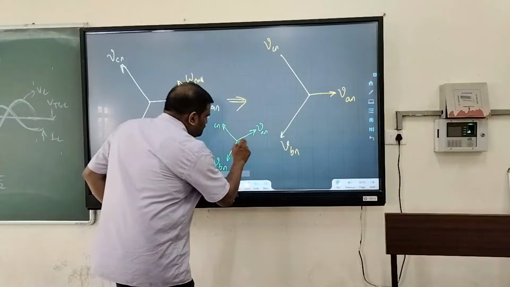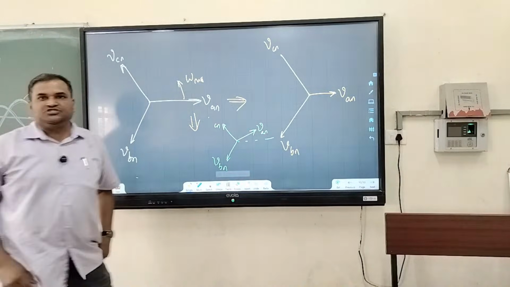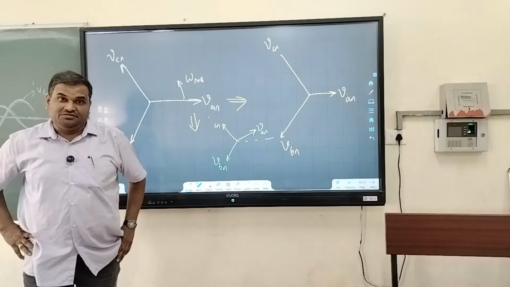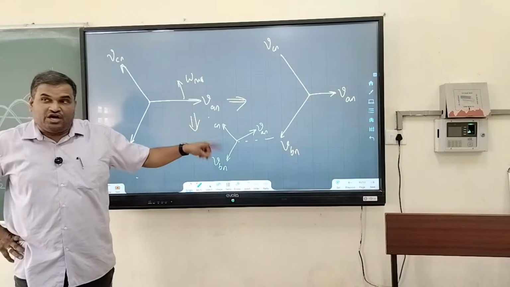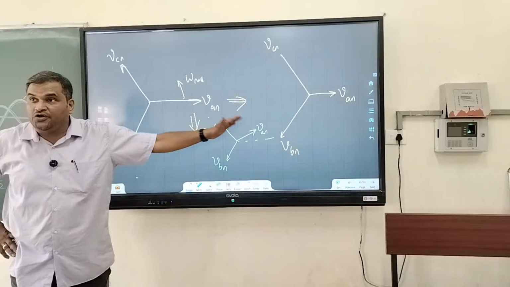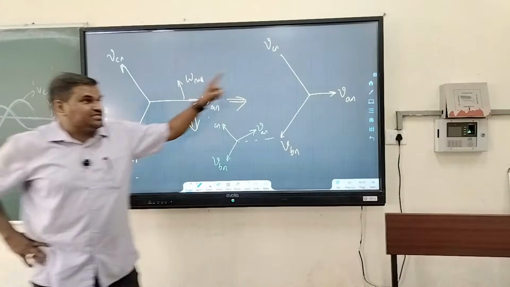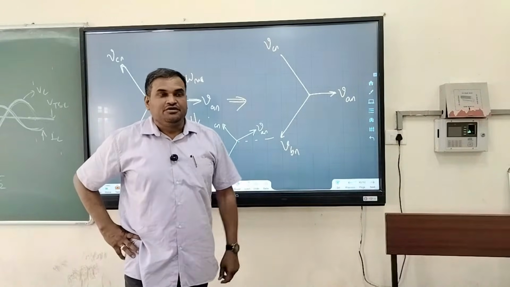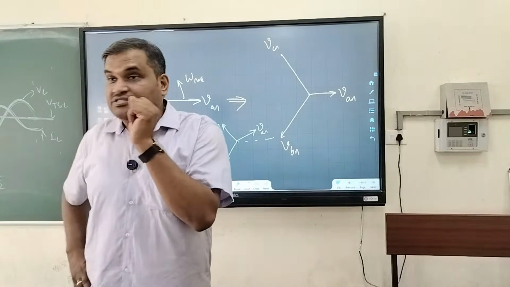But VAN is not aligned with 0 degrees. Here it is called unbalanced, because they are not aligned 120 degrees out of phase. This is also unbalanced because the magnitudes are not equal.